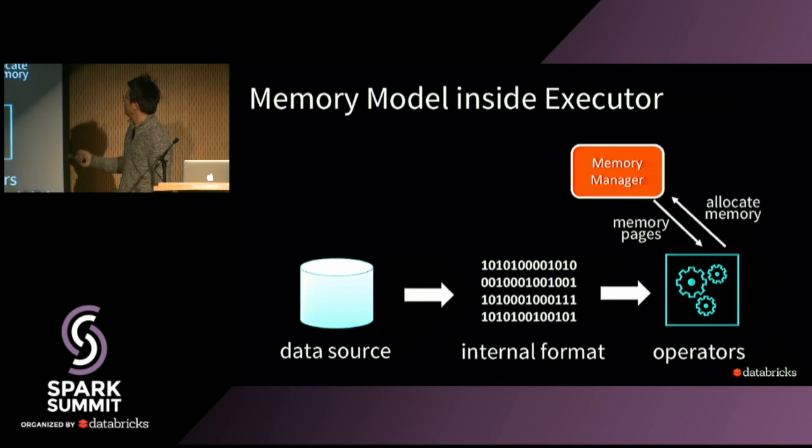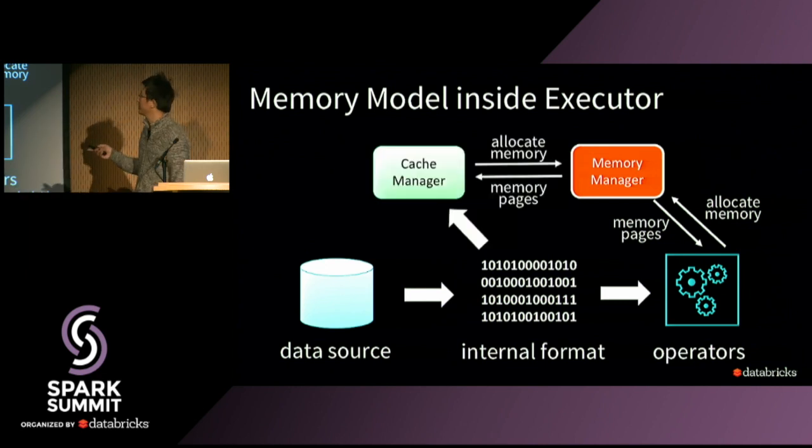We also have a memory manager for you to allocate and free memory. And one beauty of Spark is that it allows you to cache your data, so that if you want to process it more times, it can be very fast. Today I will walk through this diagram one by one.